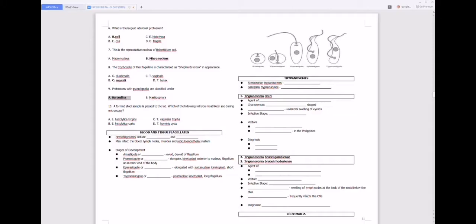Example, Trichomonas, Giardia, they are classified under Mastigophora.